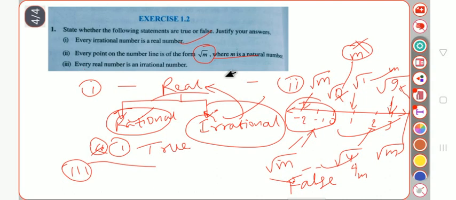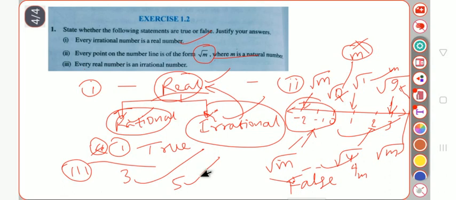So I already explained here, real numbers have two types, rational and irrational. It is saying every real number is an irrational number, meaning any real number is an irrational number? No. For example, 3 is a real number, so we cannot say 3 is an irrational number. 5 is a real number, we cannot say 5 is irrational. So every real number cannot be irrational.